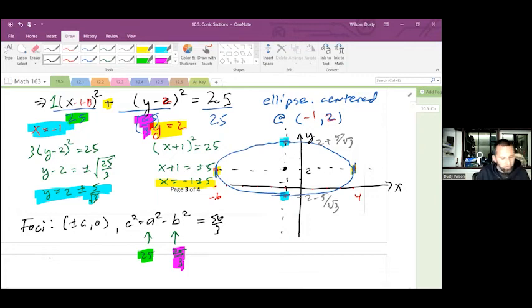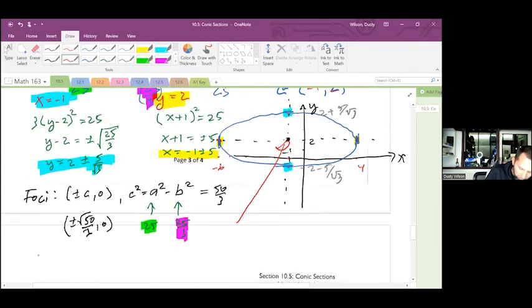and this is a little bit interesting. These are centered at the origin, so I've got to be a little bit careful. So at first glance, it looks like our foci are going to be at plus or minus square root 50 over 3, comma 0. But we have to take into account the center of this particular ellipse not being at the origin.